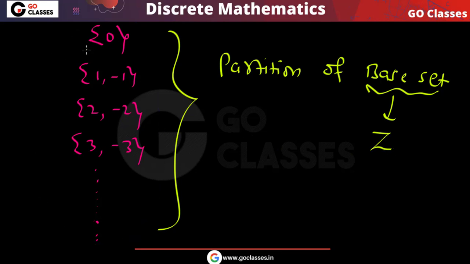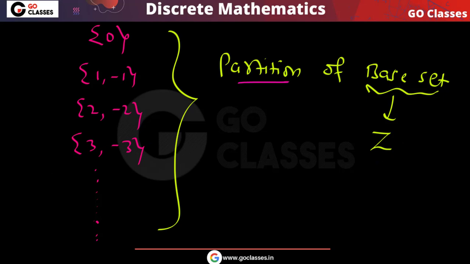You can notice they are mutually disjoint, all of them. Every integer is covered, every integer is in one of the parts, and none of them is empty. So definitely this is a partition of our base set.